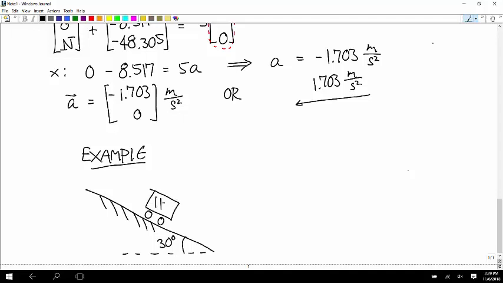Let's say that's 1 kilogram, and that's 2 kilograms. And then there's a force pushing up at, let's say this is 20 newtons.